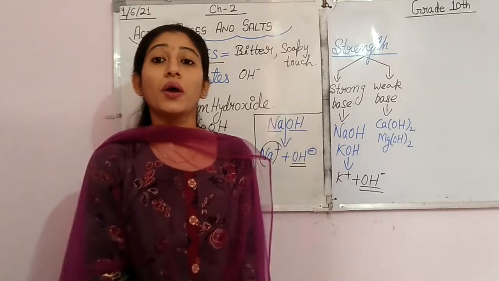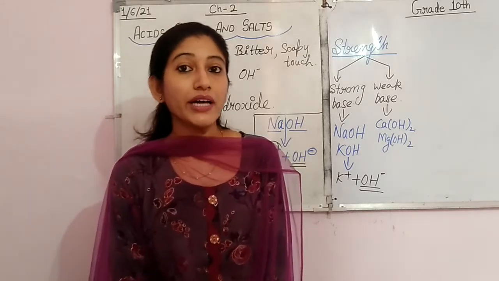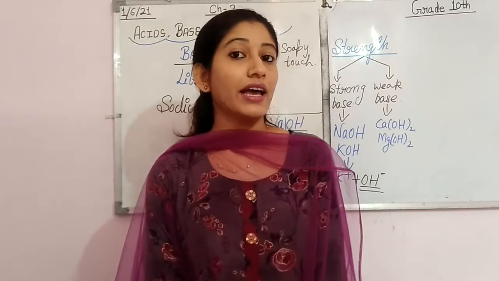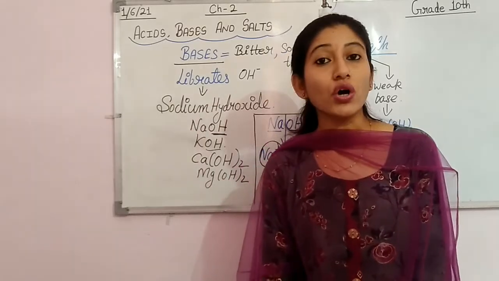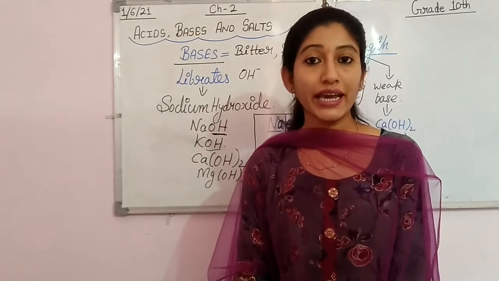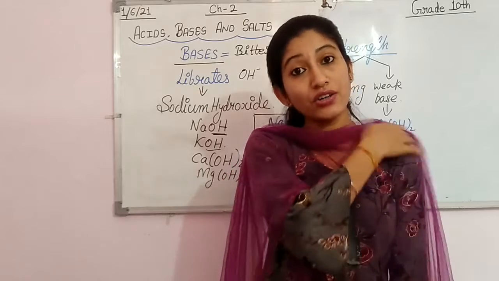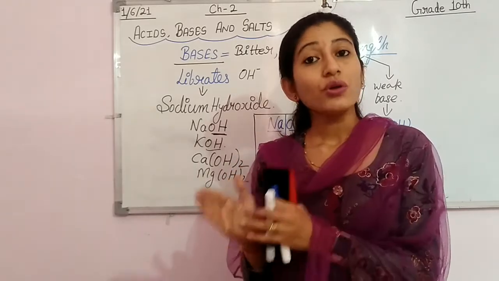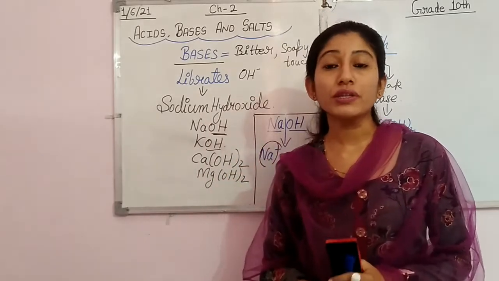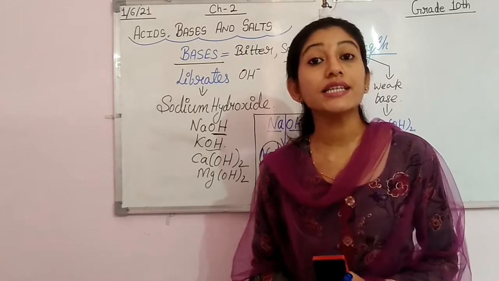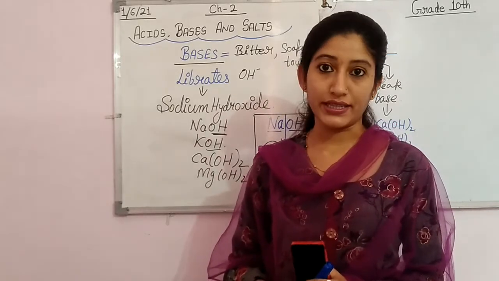Now students, when we talk about acid and base, every time it is not possible for us to taste the acid or base or to touch the acid or base, okay. So then how will we come to know whether the given substance is acid or base?